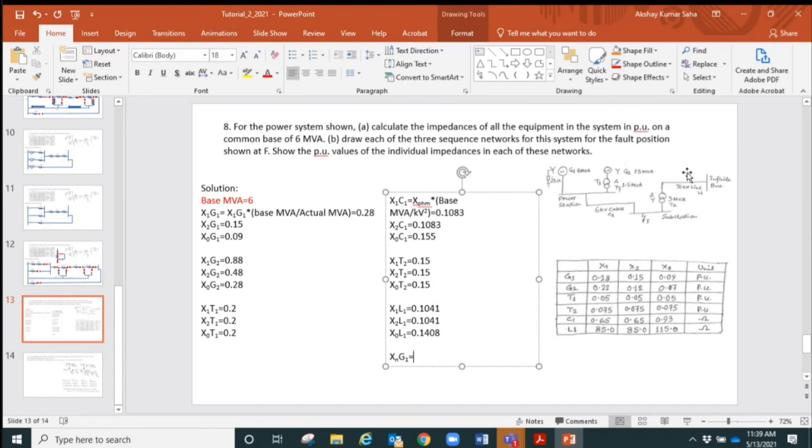Anyone else got any value? All the reactances are now in per unit. You must make note of that. I did not write the units. We should write it all the way.